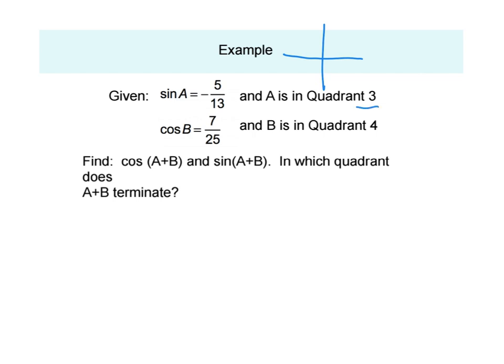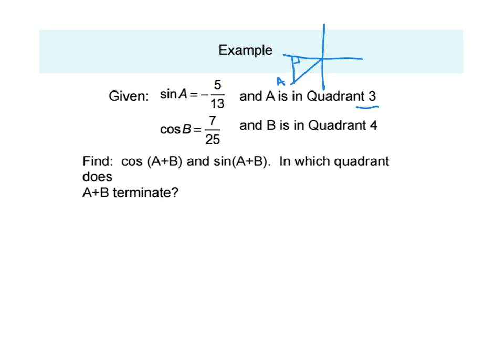It told me A was in quadrant 3. So I'm going to draw it there. And I'm actually going to put the name next to it so I don't forget. And luckily, this matches with our expectation for the sign because sine is negative in quadrant 3. If it didn't, that would mean it's a bad problem.